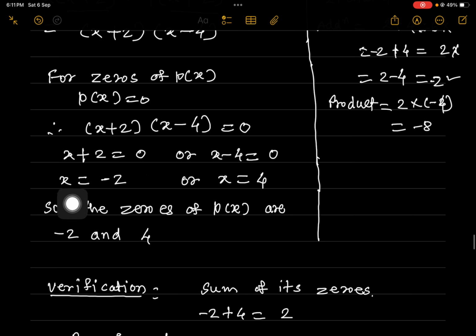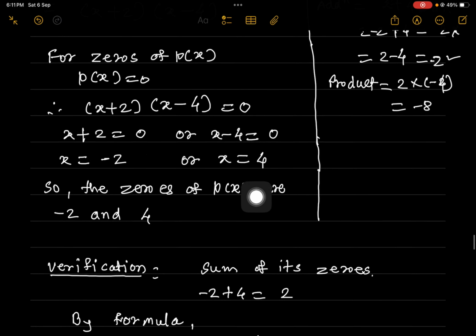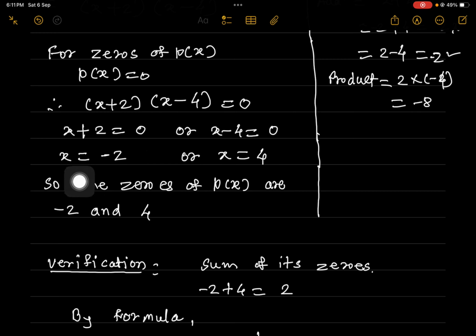The next step: x equals, this plus 2 is transferred to this side, so it becomes minus 2. Same way, x equals, this minus 4 is transferred to the other side, so it becomes 4. The sign is changed, so we got two zeros of that polynomial: one is minus 2 and another is 4.